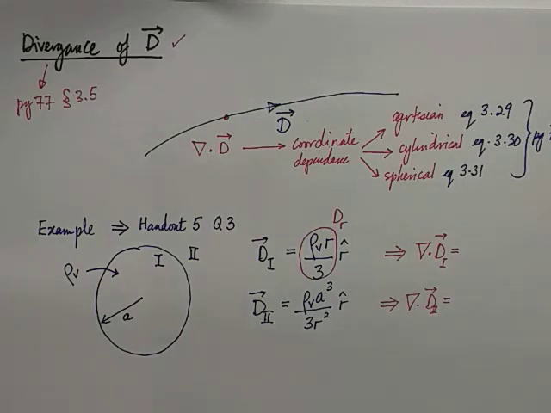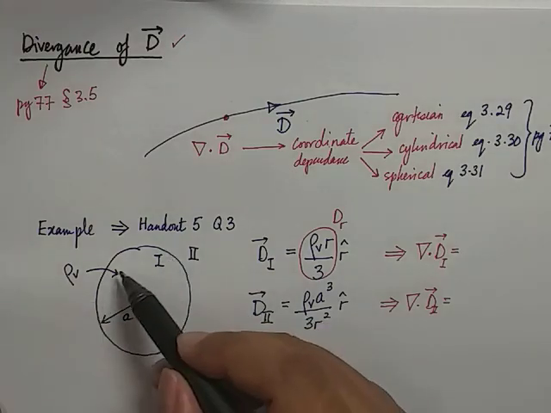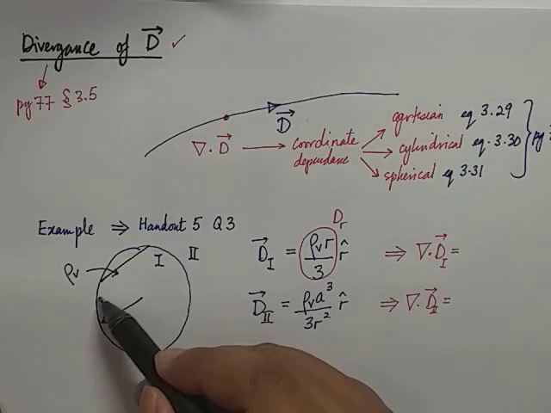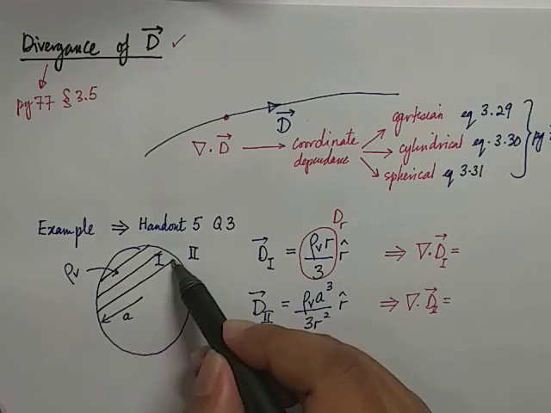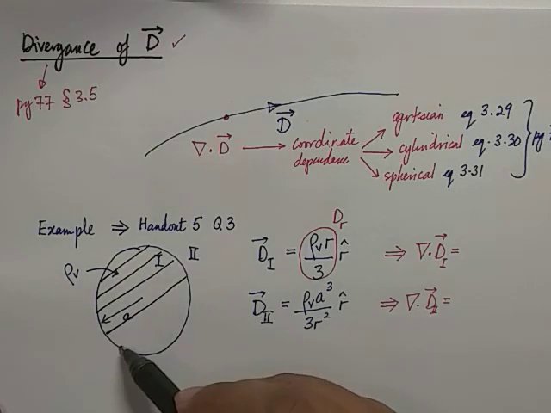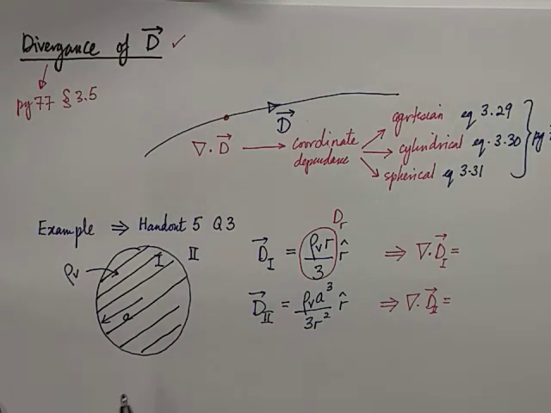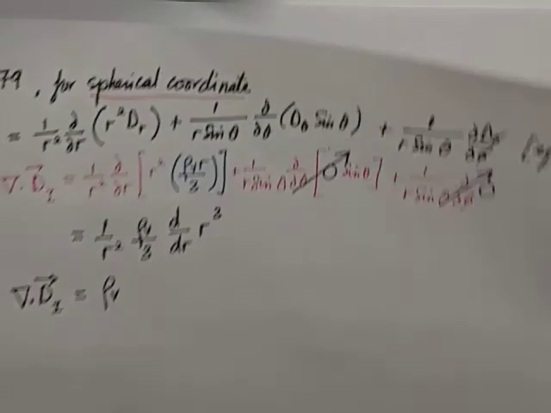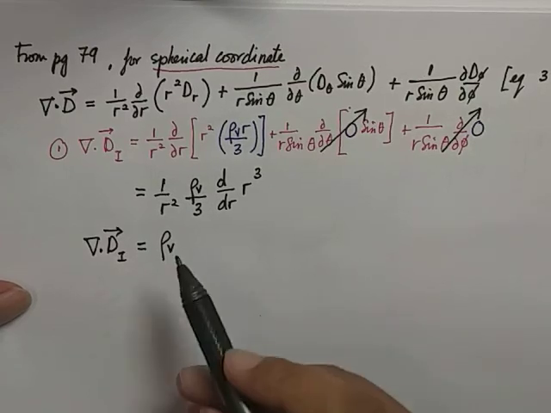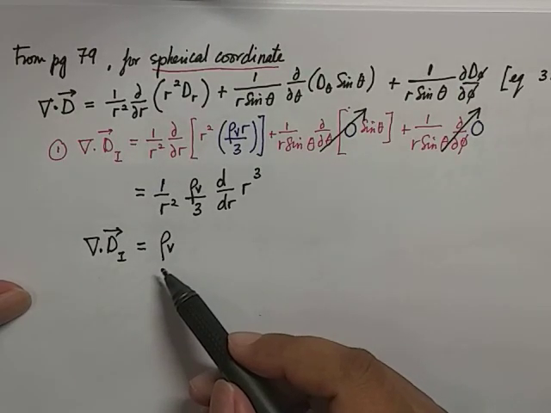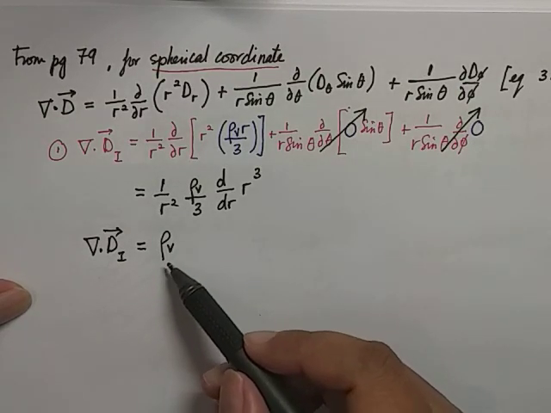You can see clearly from this example that this region is filled with volume charge rho v. So after using the divergence model of the field, the end product of that mathematics is actually the volume charge.